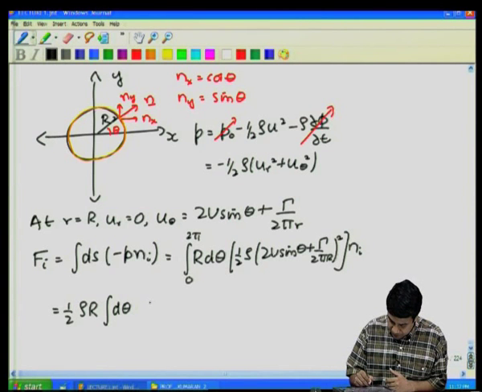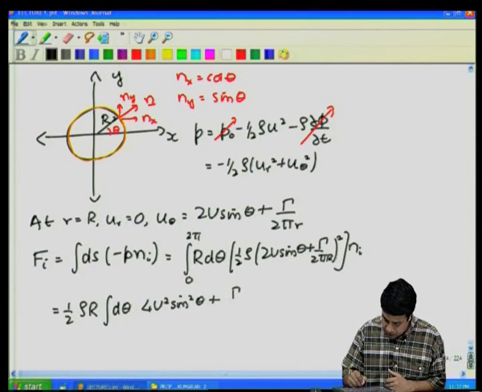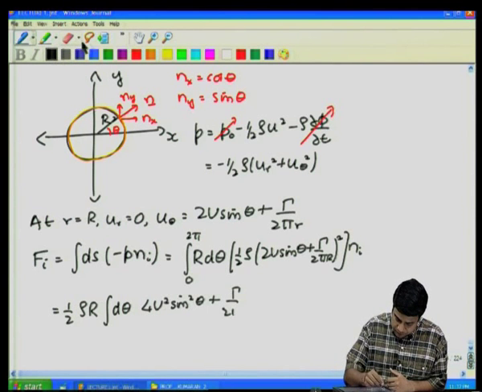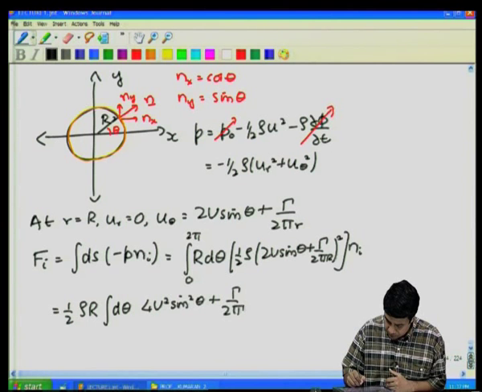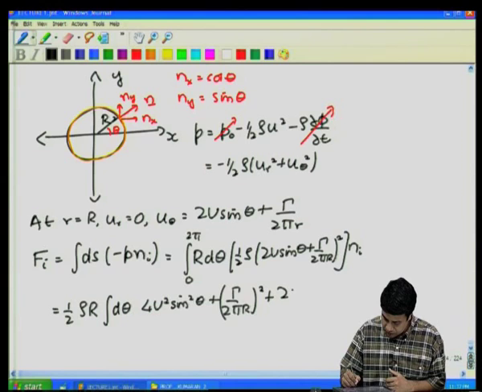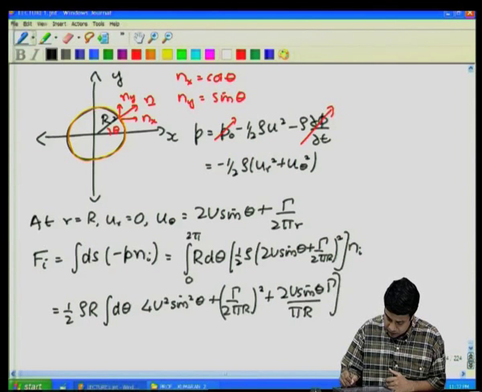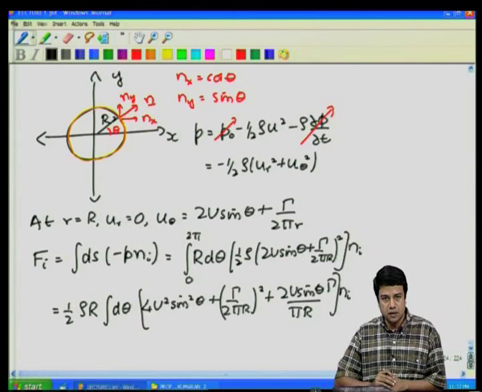to give 4 u square sin square theta plus (gamma by 2 pi r) the whole square plus 2 u sin theta gamma by pi r times n I. So, for the force in the x direction, Nx is equal to cos theta.